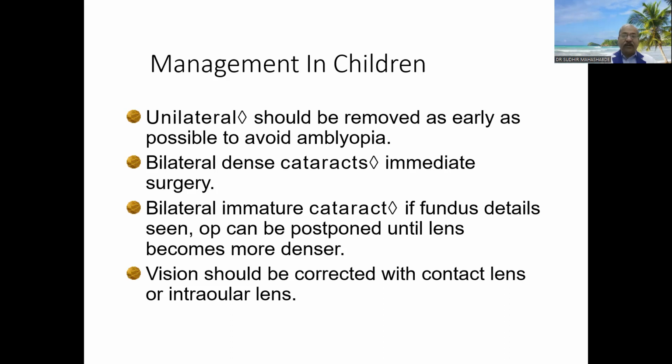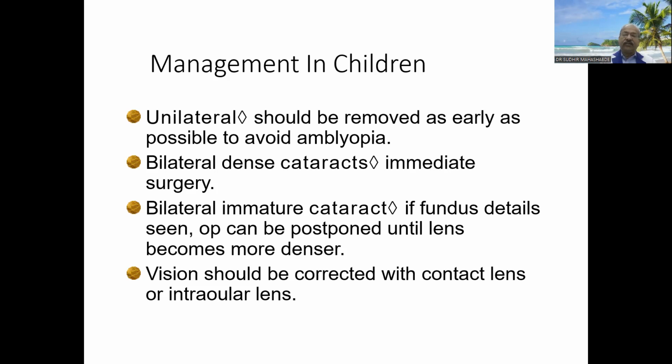If there are bilateral dense cataracts, then they must be operated as early as possible, even though it is done in some special centers where all the facilities to treat small kids and to give them anesthesia are available, but it has to be treated.